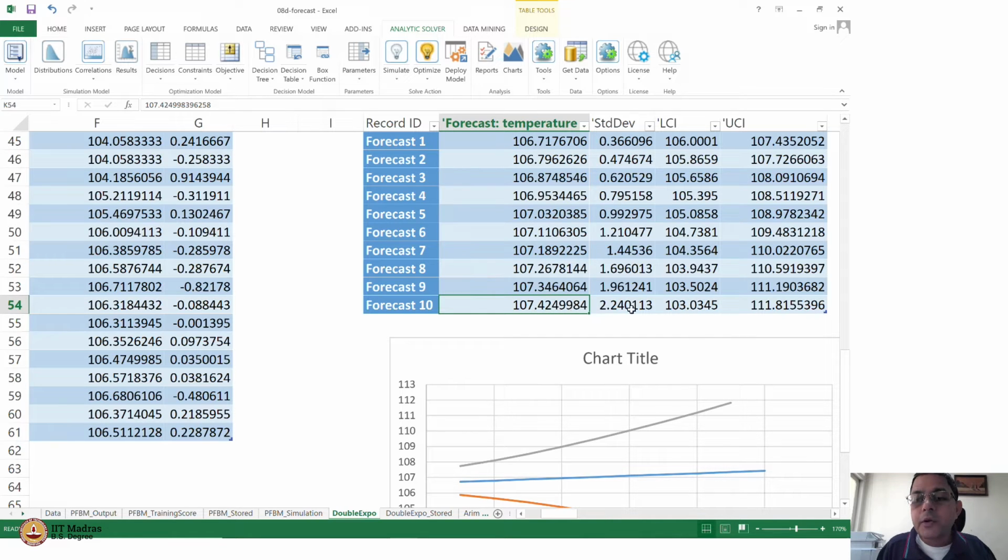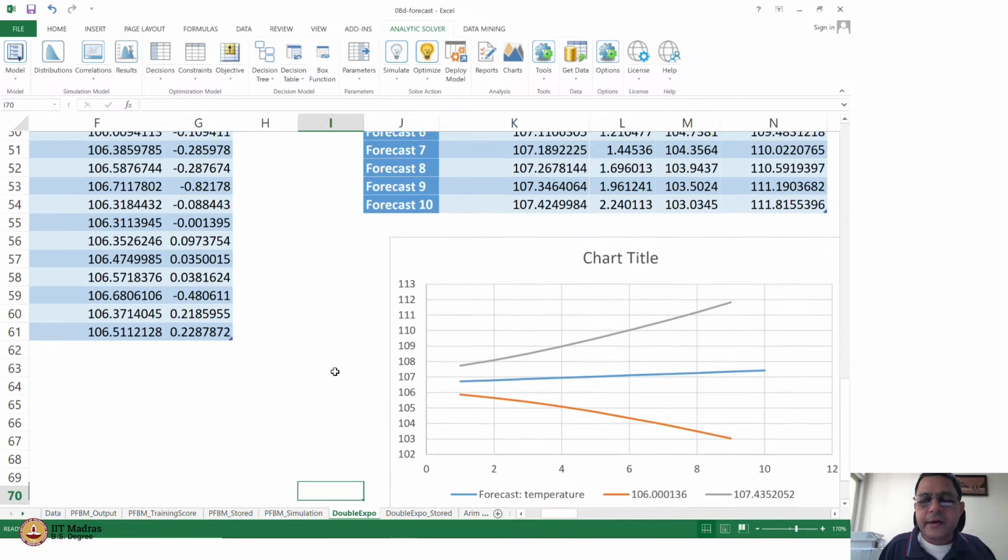But look at the lower and upper limits. The lower limit is 103.03 and the upper limit is 111.81. So you can see this funneling of forecasts. The deeper into the future we forecast, the more careful we should be.